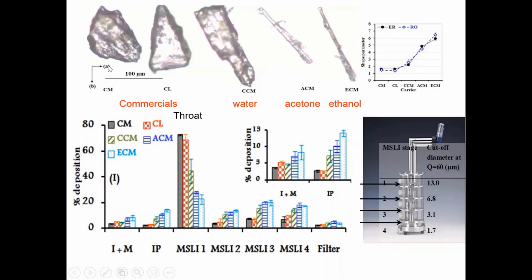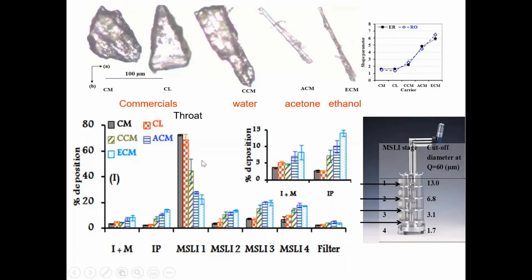We compared commercial mannitol and commercial lactose. They are less elongated. We crystallized mannitol from water, crystallized mannitol from acetone, and crystallized mannitol from ethanol. And ethanol gives you the highest elongation ratio value.